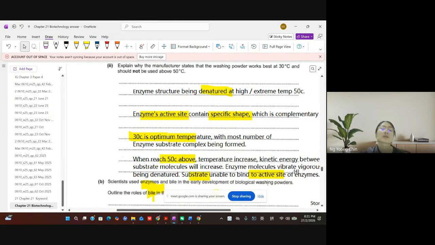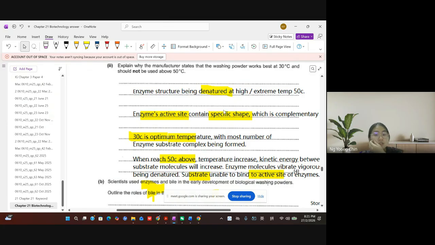Yeah, and then this one, because you are using your biological powder, there's an enzyme inside your biological powder. So they do not really resist the high temperature. You just worry the enzyme structure being denatured at the high temperature. The enzyme's active site contains a specific shape which is complementary.